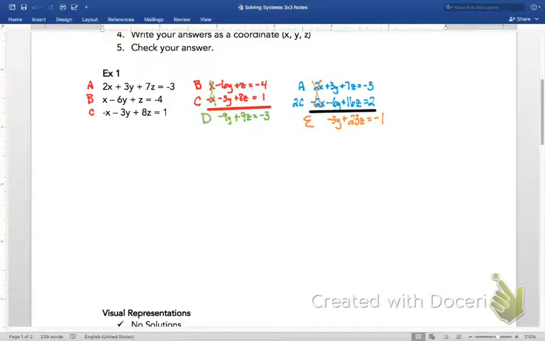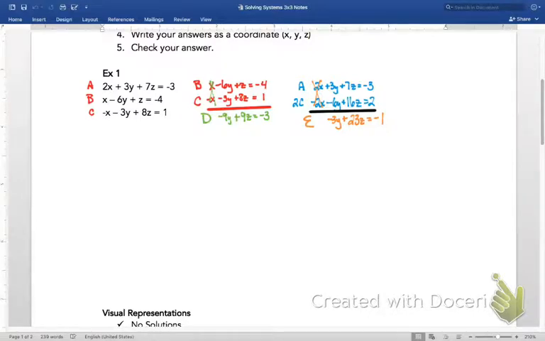I'm just going to call them D and E. You don't have to give them names. I just give them names so I know which one I can look at. It just kind of helps. I think it helps students to see, all right, we multiplied C by 2. Now we have our new equations, D and E.